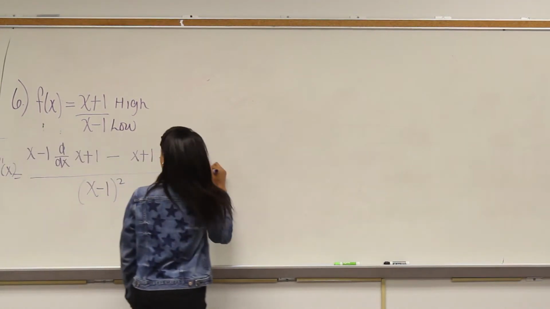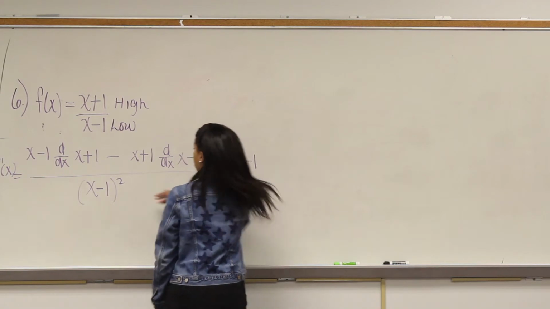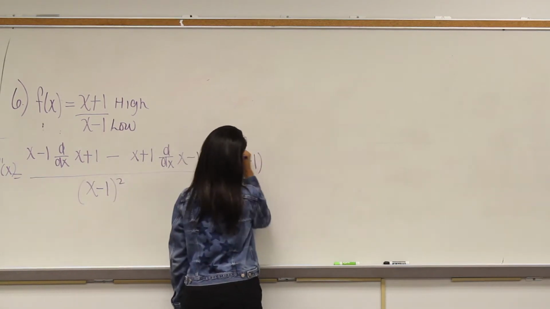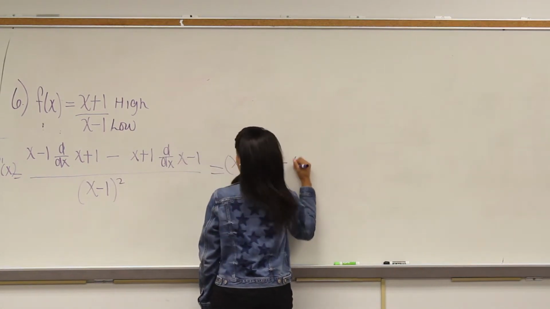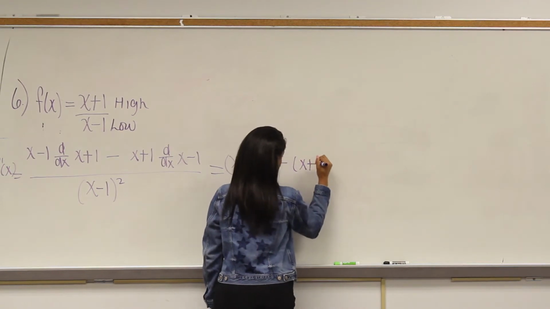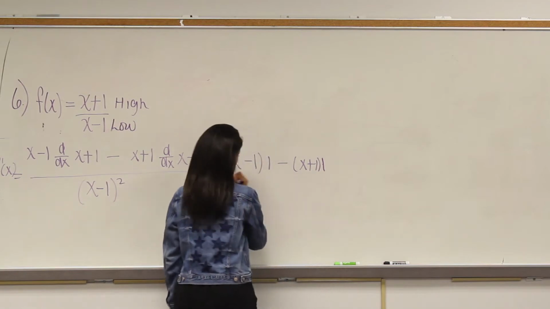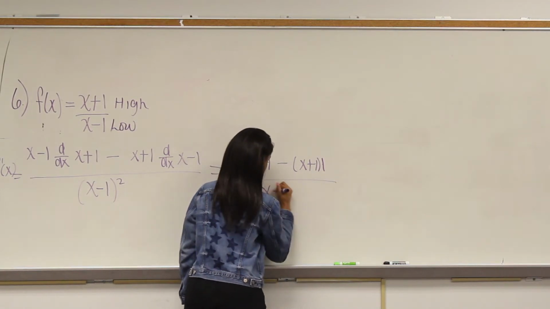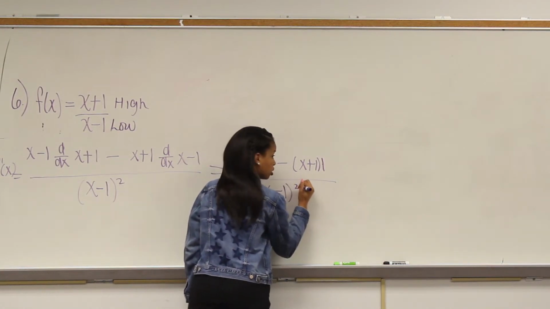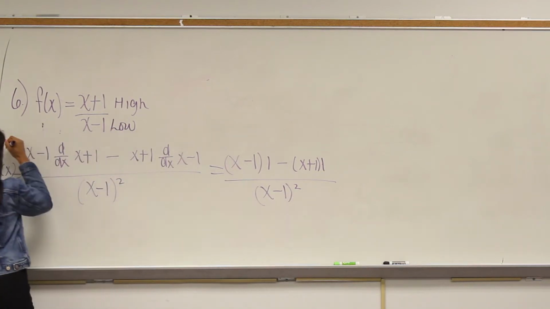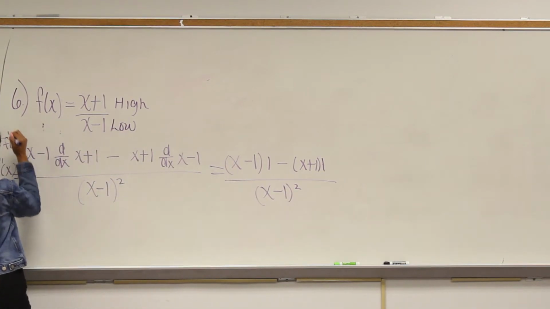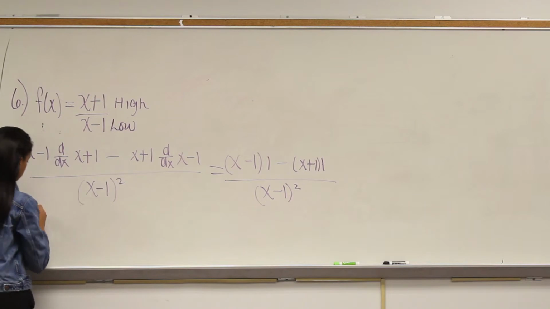Then it's going to equal x minus 1 times the derivative of x plus 1, which is 1, minus x plus 1 times the derivative of x minus 1, which is 1, all over x minus 1 squared. Then we'll substitute in 0 because we have to find the derivative when x is 0.